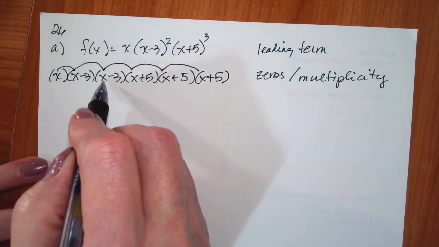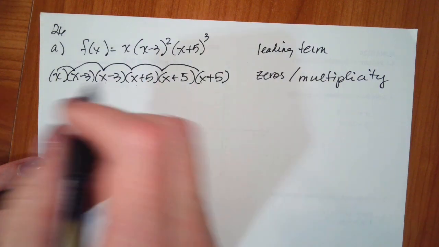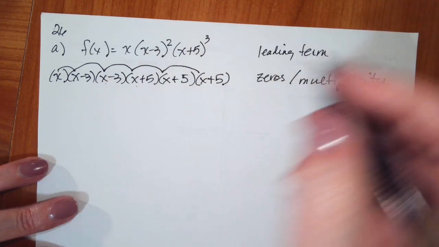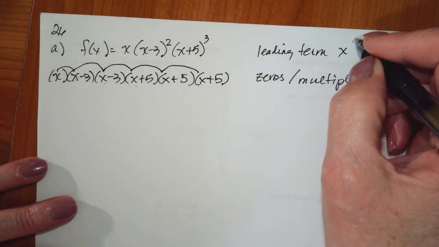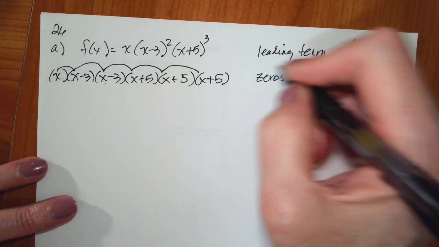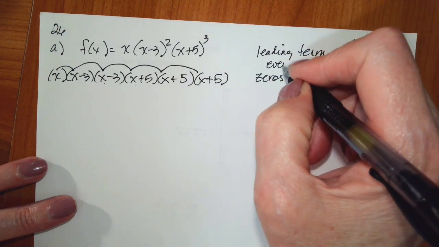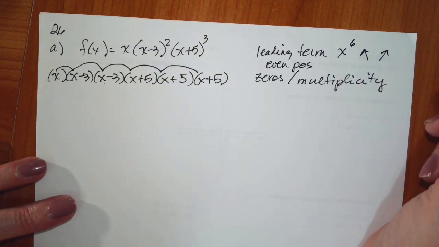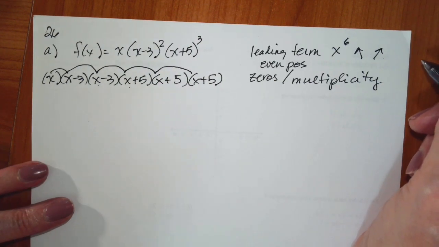So x times x times x times x times x times x. And that's 1, 2, 3, 4, 5, 6. So the leading term is x to the 6th. That is even, positive, so my ends will go like this.